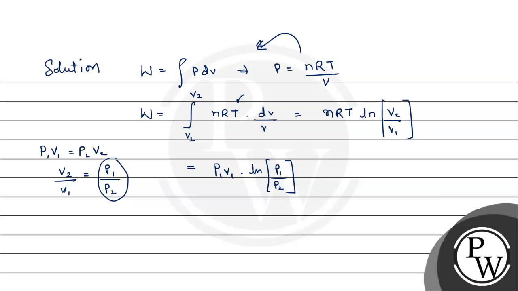So now we can calculate their values. We have initial gauge pressure equal to 1.03 into 10 to the power 5 pascals. Now we can find the value of P1.